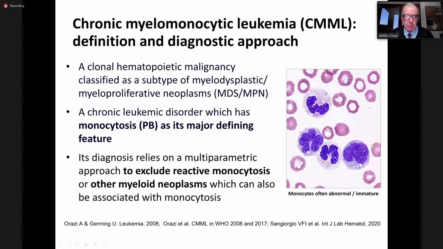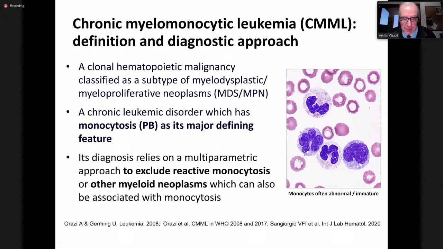Okay, so let's get to the definition. I changed a little bit the definition from what I used to give before, but there are reasons. So CMML, chronic myelomonocytic leukemia, as you know, is a clonal hematopoietic malignancy.